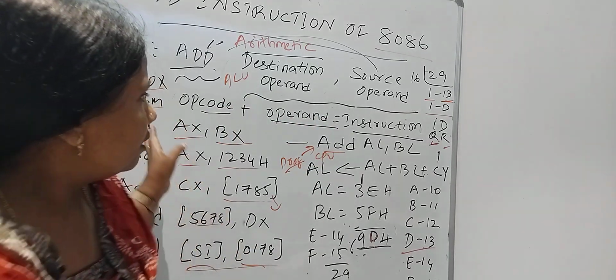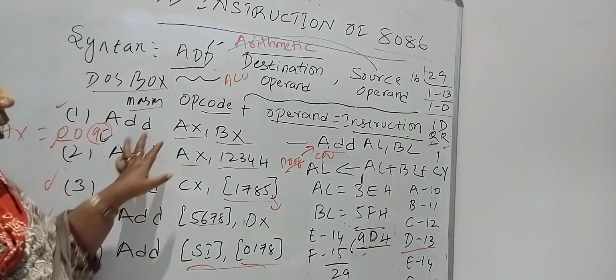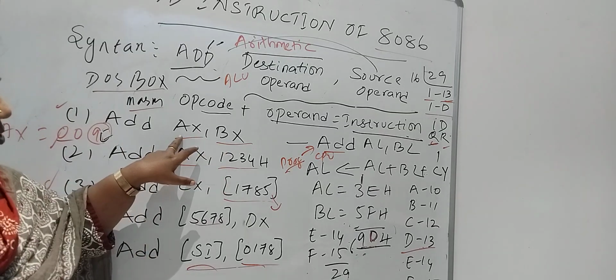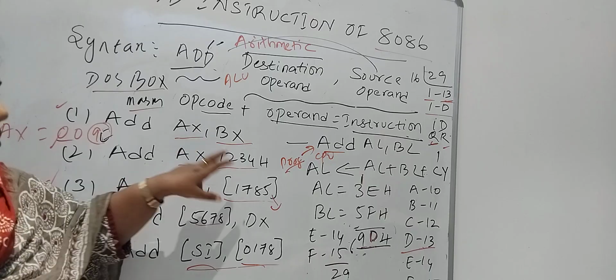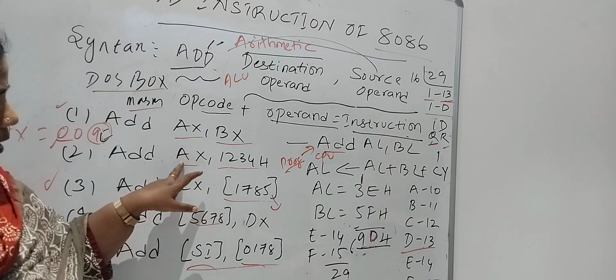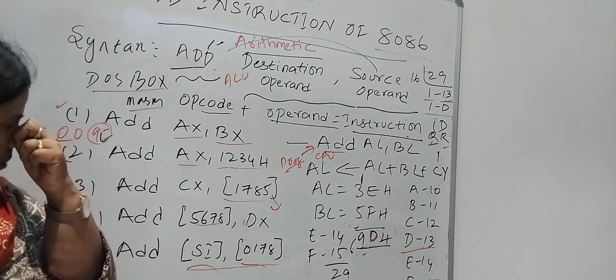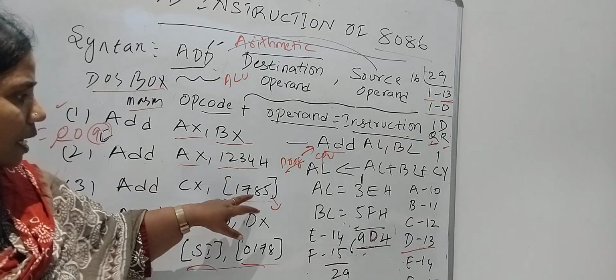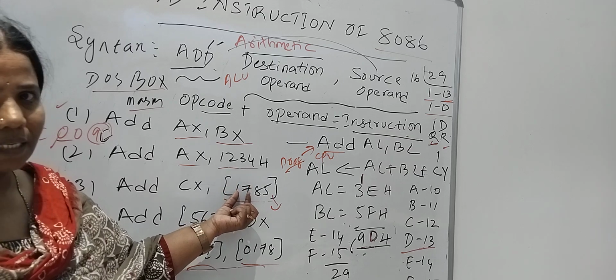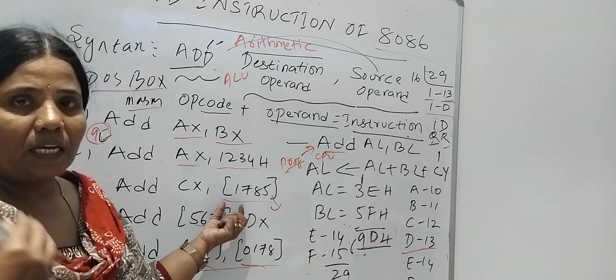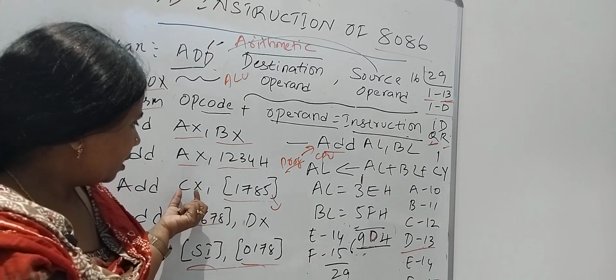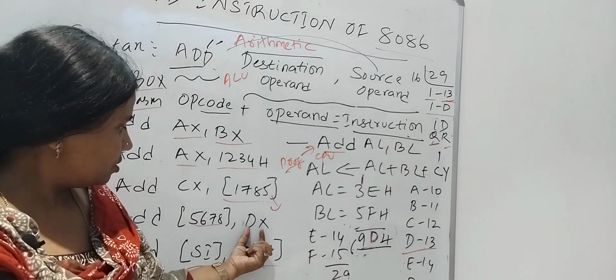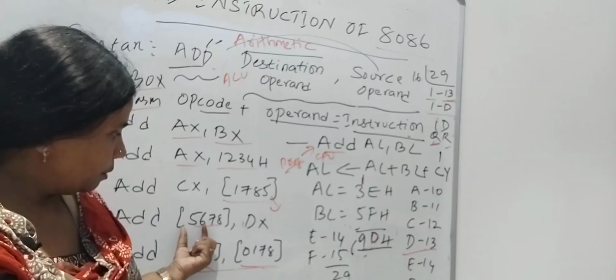Whenever you write the ADD instruction, you can use the source and destination operands as two registers, or a register and data in a memory location. When a bracket with a number or register is written, it represents data in a memory location.